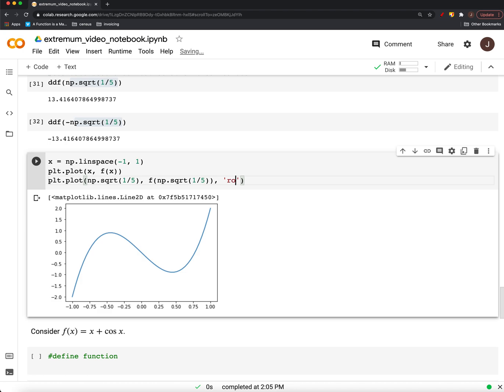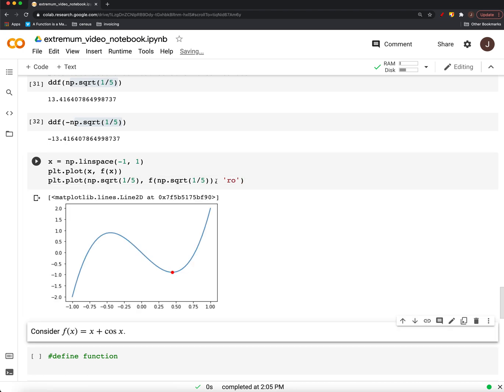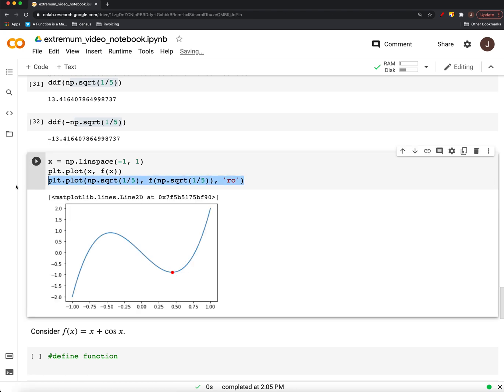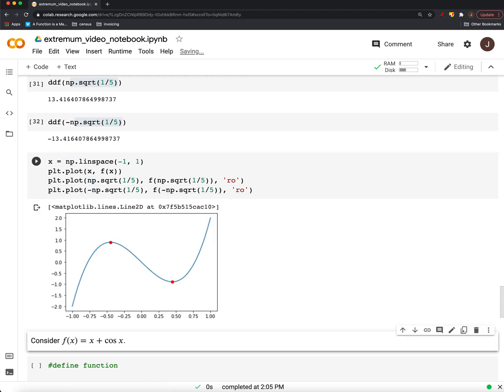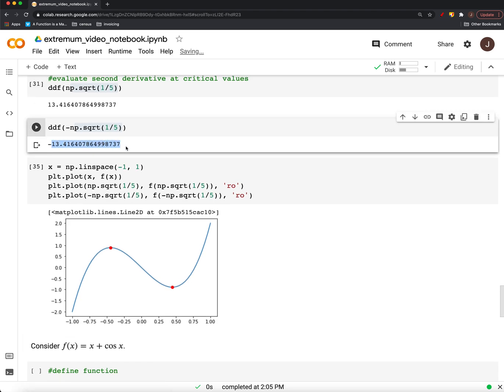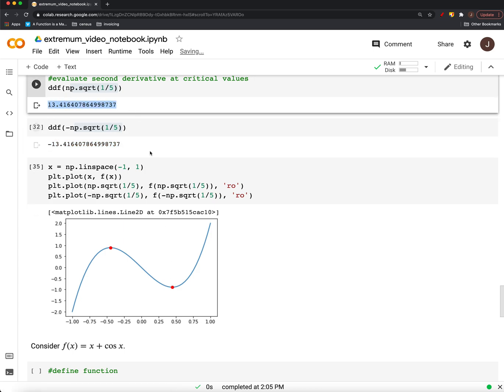Make that a red O. Okay, and then we'll do the same thing, except at negative. So sure enough, at negative square root of 1 over 5, it's concave down, so we have a maximum. At the positive square root of 1 over 5, it's concave up, so we have a minimum.